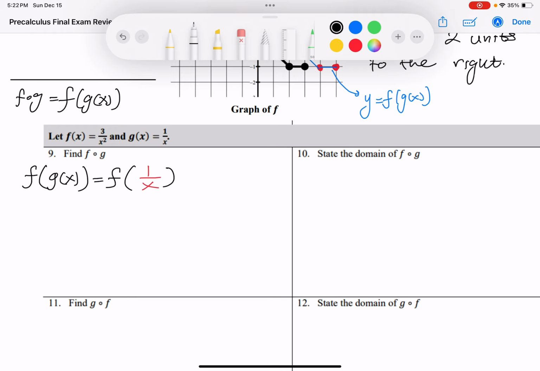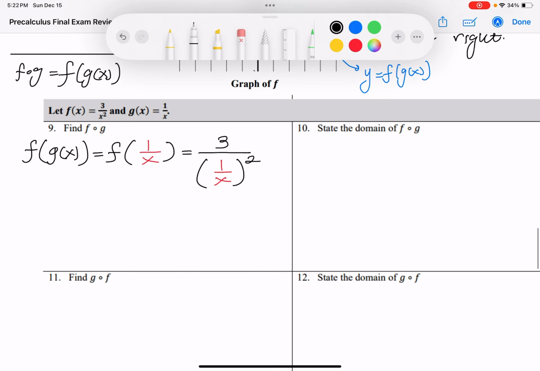What does f of x equal? f of x equals 3 over x squared. But instead of putting x, we're going to put 1 over x. So that means f of g is going to equal 3 over, well, 1 squared is 1, and x to the second power is x squared. So that's 3 over 1 over x squared.